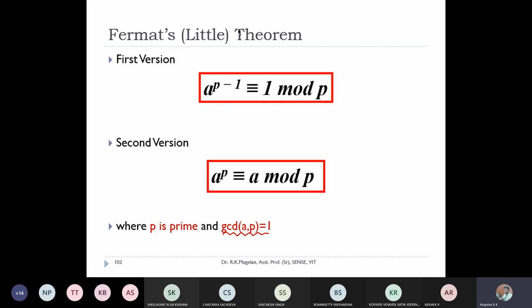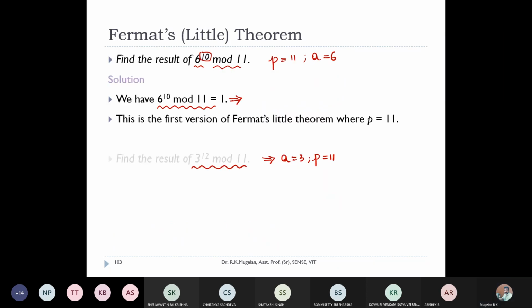Have you noted down these two formulas, the two theorems? Now I want you to tell me how we can solve this 3 power 12 modulo 11. Anyone, first version or second version? You can go with both methods. If you are going with any one version, can you let me know? A slight modification is required, that's all, nothing much.